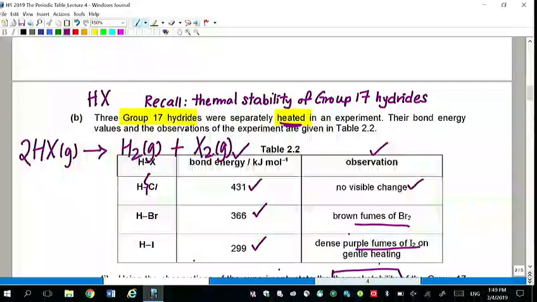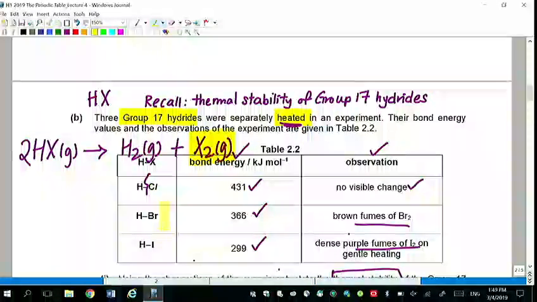So the brown fumes that you see are your X2, meaning that most likely your hydrogen bromide would have undergone decomposition by the heat. When I look at this table, this should go through my head.